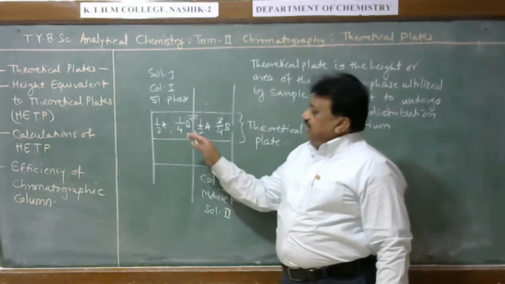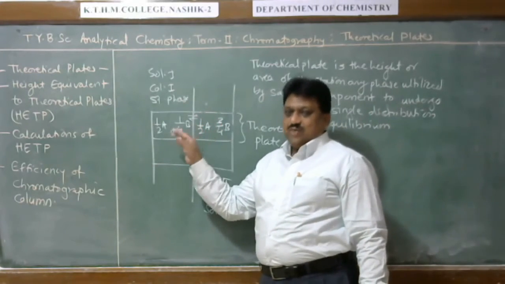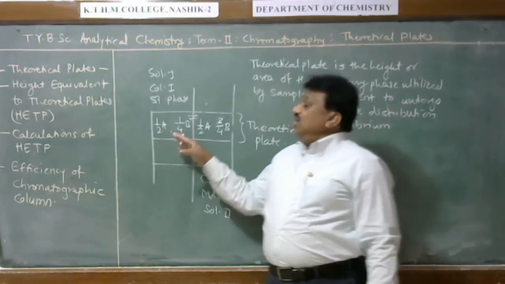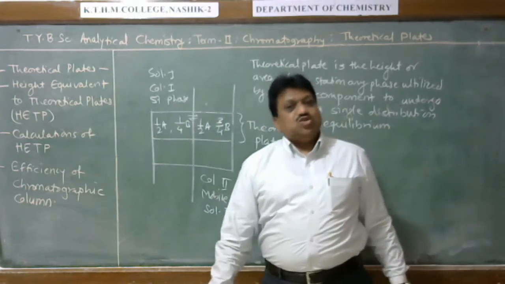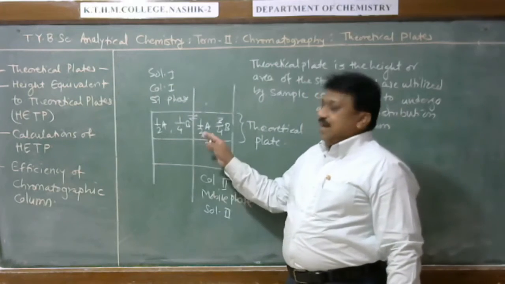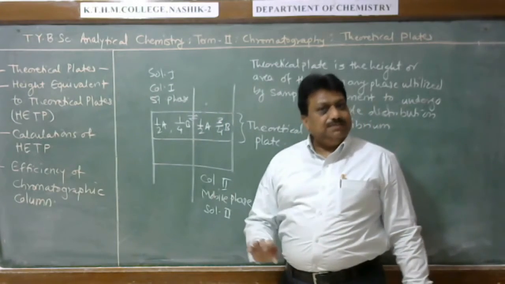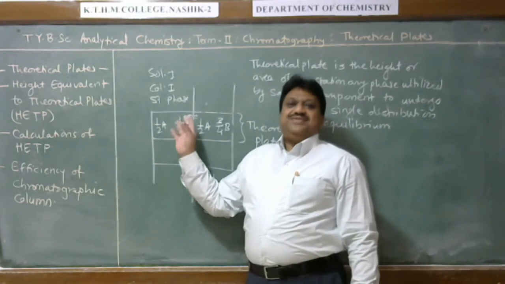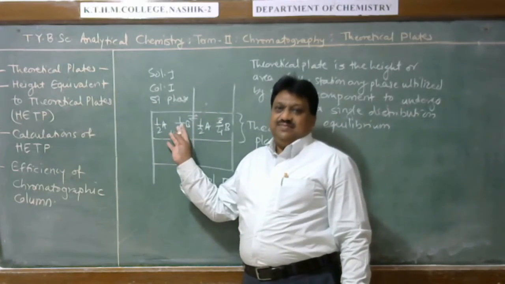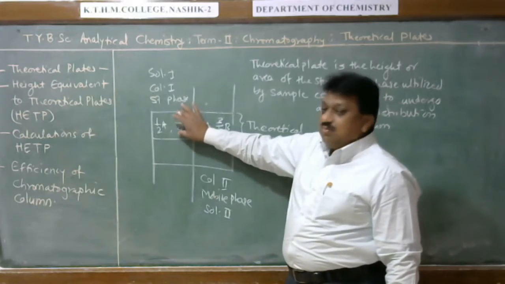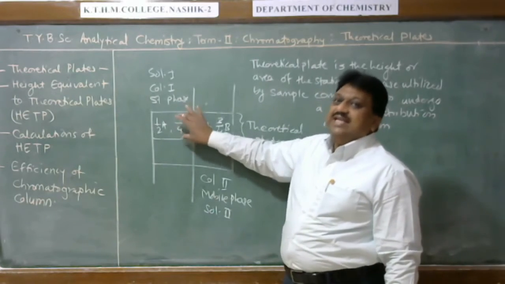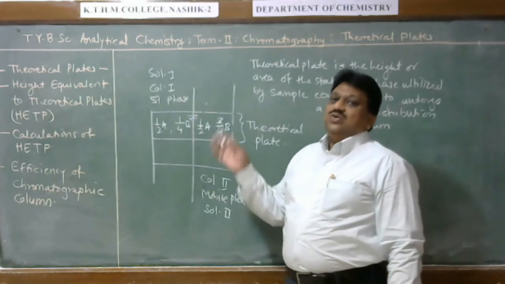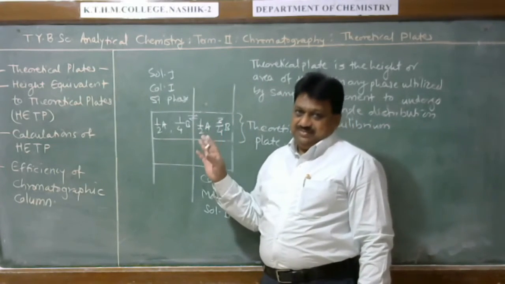In the case of adsorption chromatography, the stationary phase is a solid adsorbent. How much area of that solid adsorbent is utilized by the sample component, that is a theoretical plate. In the case of partition chromatography, the stationary phase is a liquid. Therefore, how much height of that liquid is utilized by the sample component to undergo the distribution.